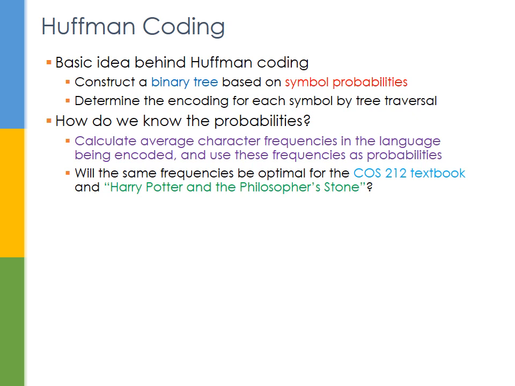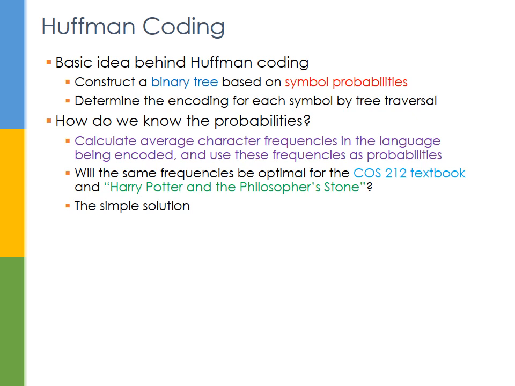In the COS 212 textbook, we would tend to see very technical terms which we wouldn't see at all in the novel. This essentially means that the character frequencies would differ between these two different kinds of documents, and a general overall character frequency that we've computed for the entire English language will not necessarily apply as well as it possibly could for each of these different kinds of documents.